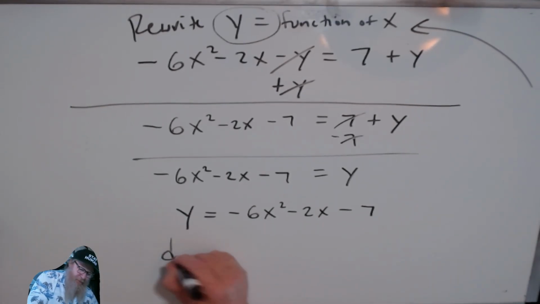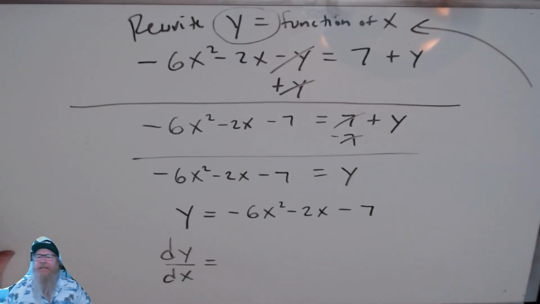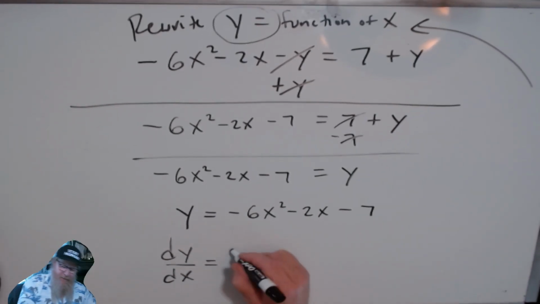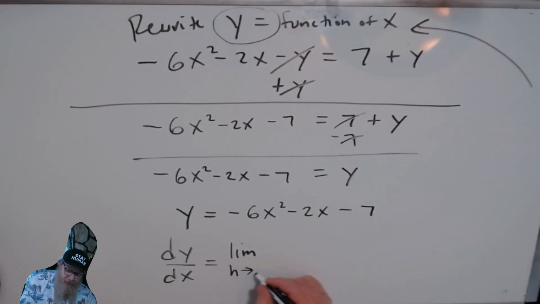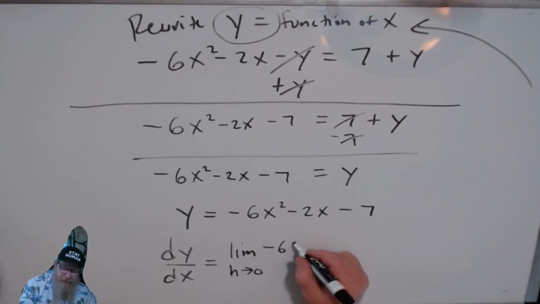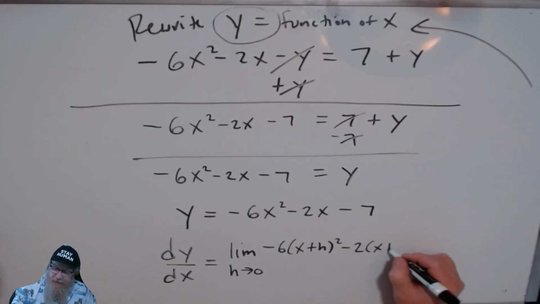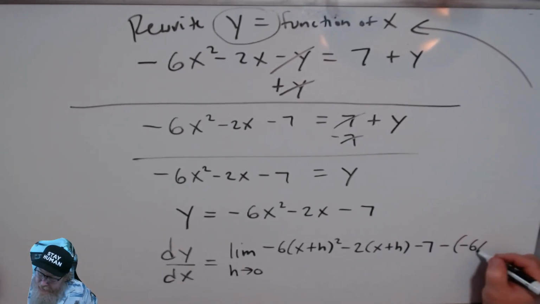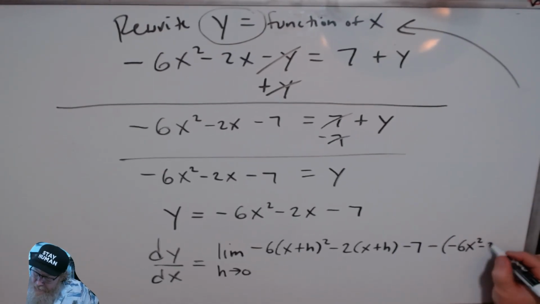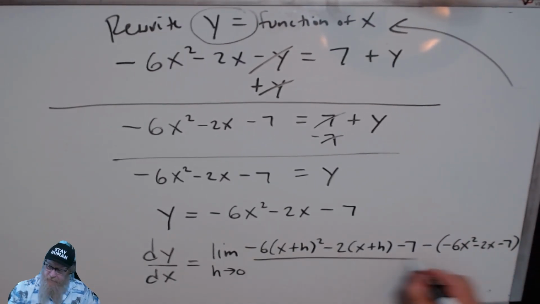All right, so let's do it. dy dx is the limit as h approaches 0 of negative 6 times x plus h squared minus 2 times x plus h minus 7 minus negative 6x squared minus 2x minus 7, all over h.